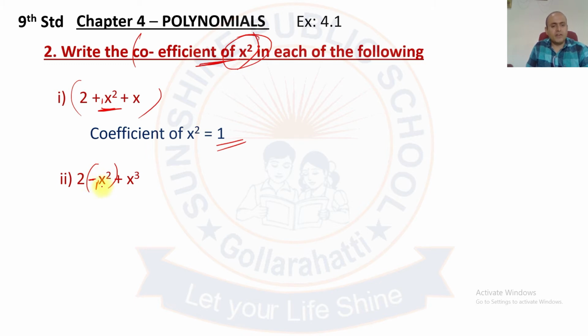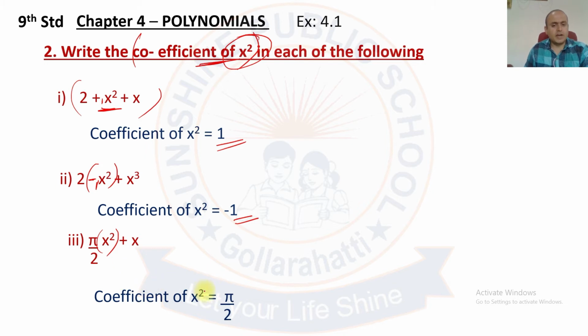Therefore, the coefficient of x square in this term is equal to minus 1. Next question is pi by 2 x square plus x. Here they have asked the coefficient of x square. Therefore, the coefficient of x square is pi by 2.